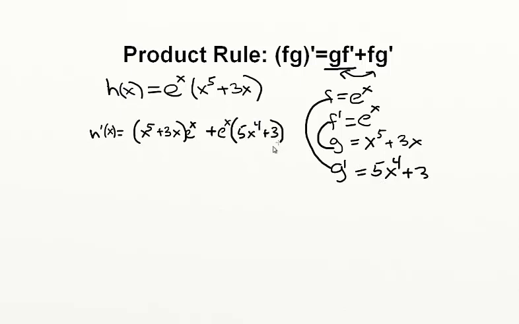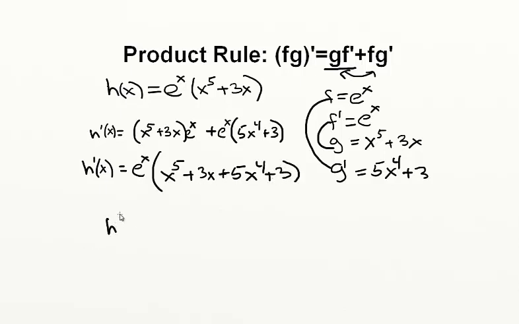Now if we wanted to, we could take out an e to the x from both of these, so let's go ahead and do that. So h prime of x is equal to e to the x times x to the fifth plus 3x plus 5x to the fourth plus 3.